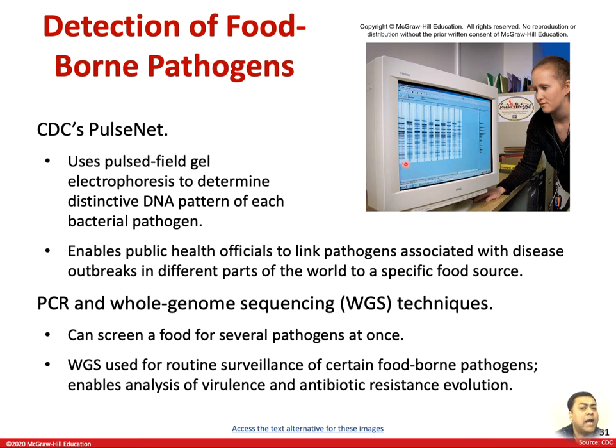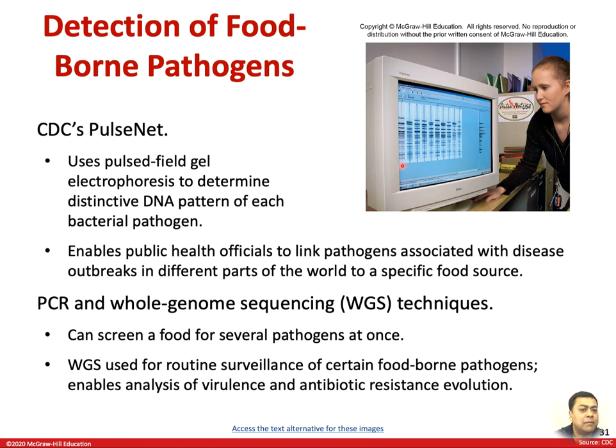This takes a little bit of time because this is leading to some outbreaks, those kinds of things. Once you grow the pathogen, you extract the DNA, and suppose you digest that DNA with a restriction enzyme, say EcoRI. If you digest it with EcoRI and run that through pulsed-field gel electrophoresis, you get a pattern like this.